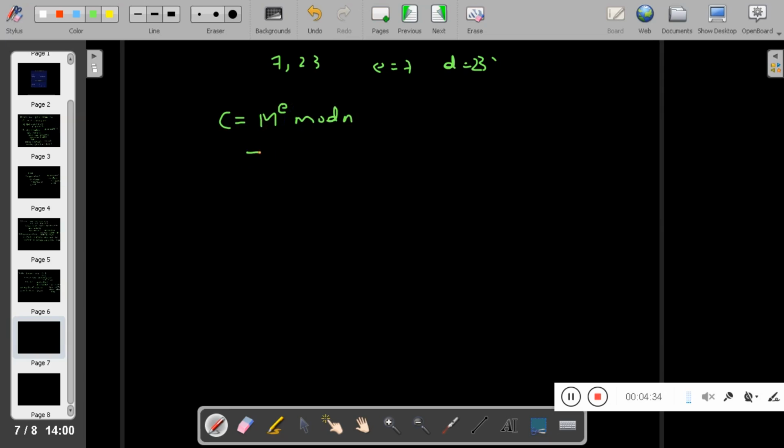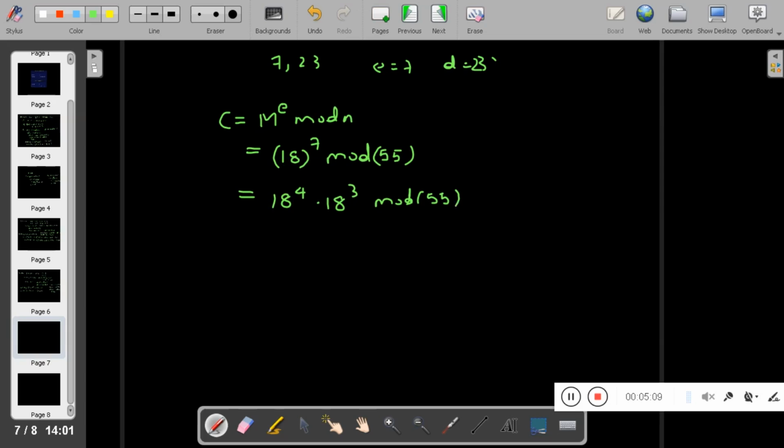So here the value is 18 raised to the power 7 mod n, where n is equal to 55, mod 55. Since this is a large number, you can write this as 18^4 into 18^3 mod 55.